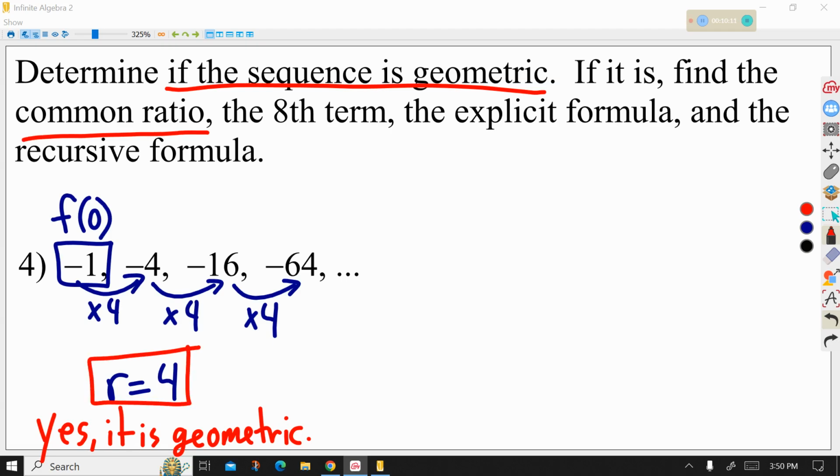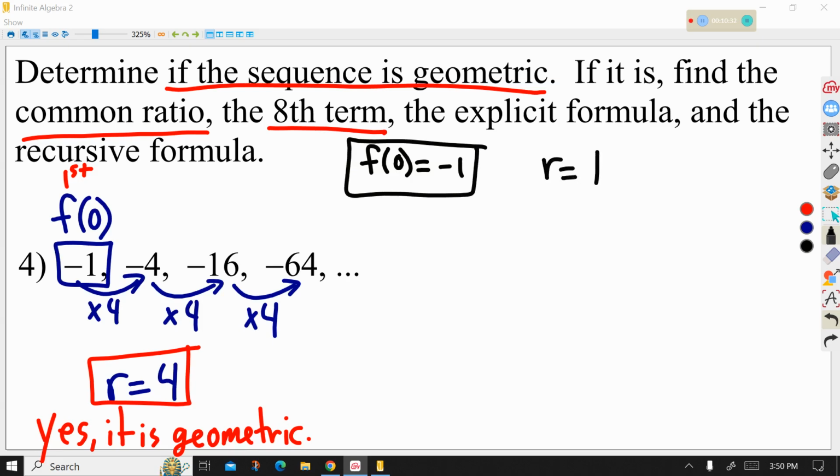It's r equals 4. Okay, we want to get the 8th term. We know what the first term is. Again, the first term right here is our f of 0, and that's negative 1. So we can write some of this information up here. We got f of 0 equals negative 1, and again we know that r equals 4. So there's our common ratio.